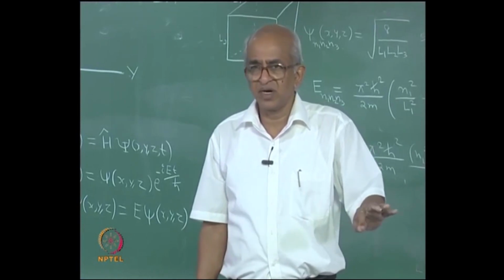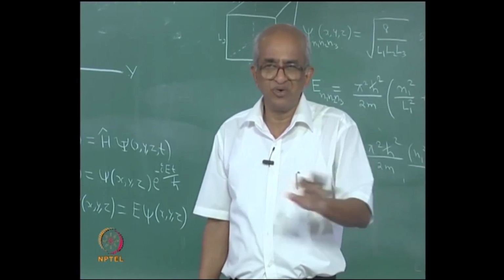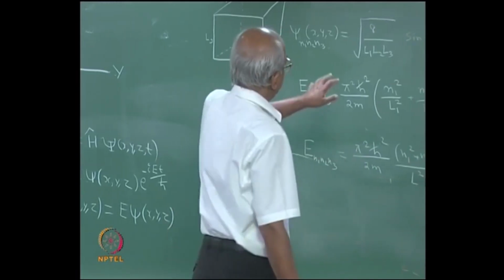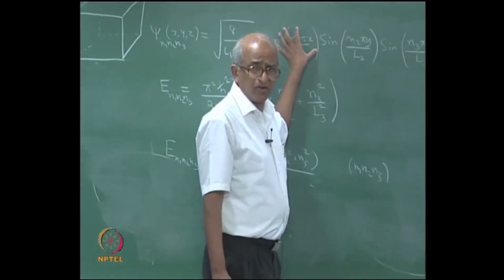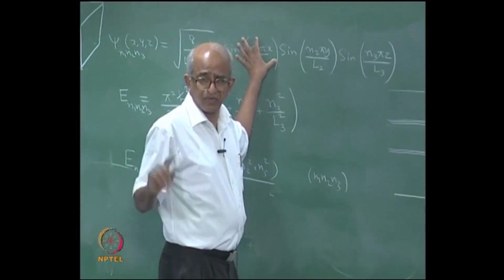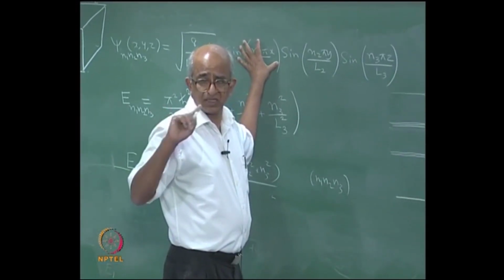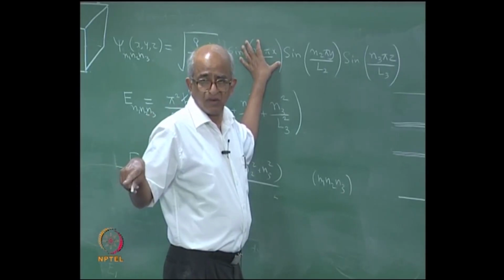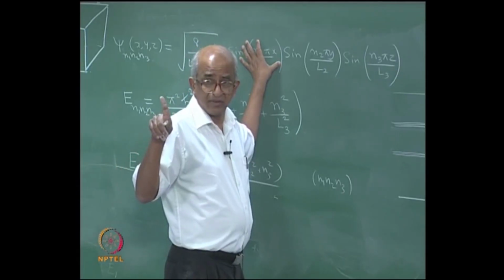For the particle in a one dimensional box, the ground state has no nodes. So, if n1 is 1, this will not give me any nodes, no point where the function is 0. In fact, the maximum value of this function will be at the middle of the box in one dimension.